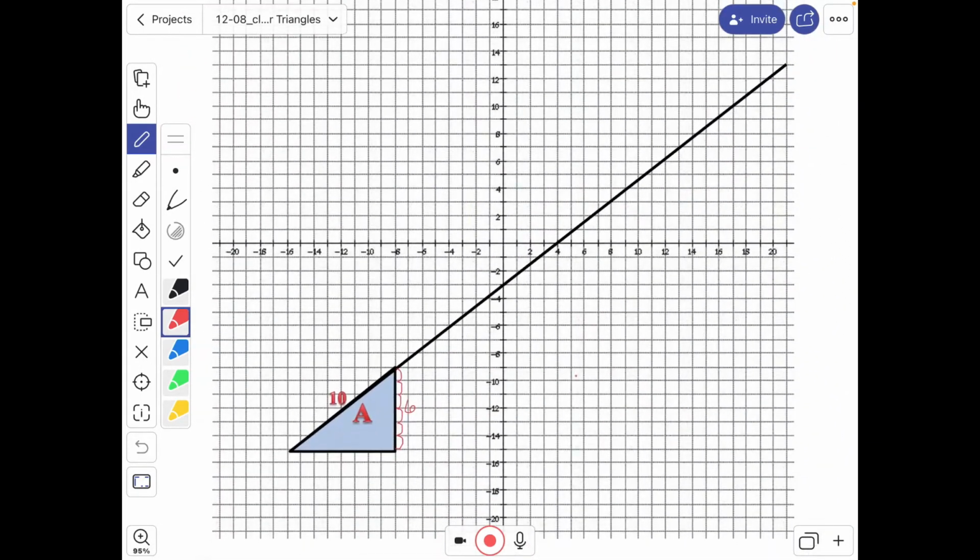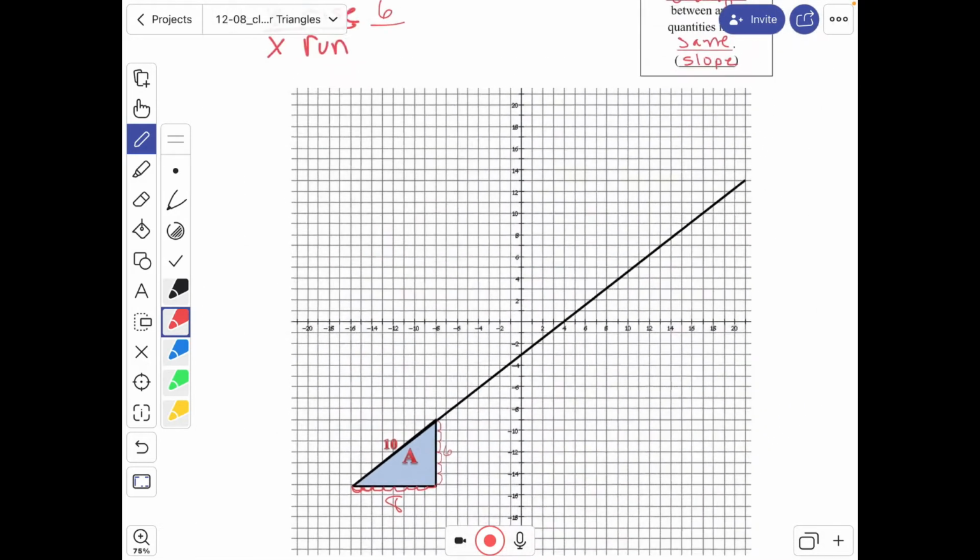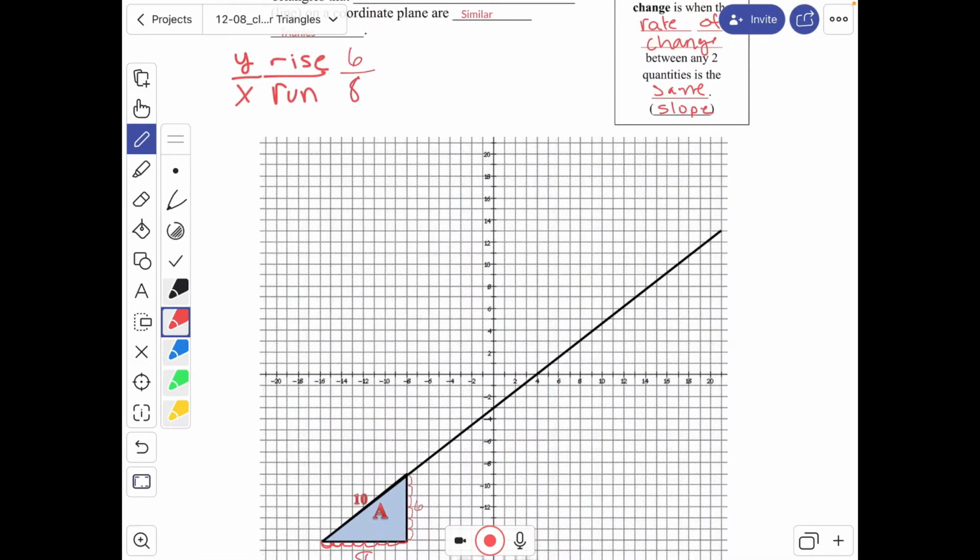And the run would be the x, so how many spaces to get to the right angle? 1, 2, 8. Six over 8, which of course simplifies to 3/4.